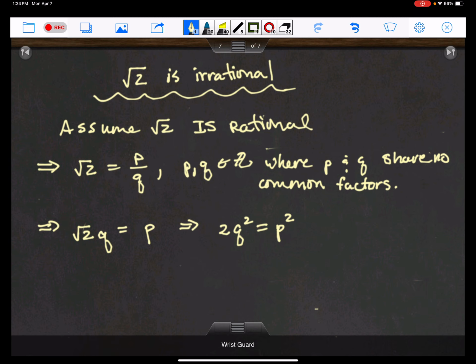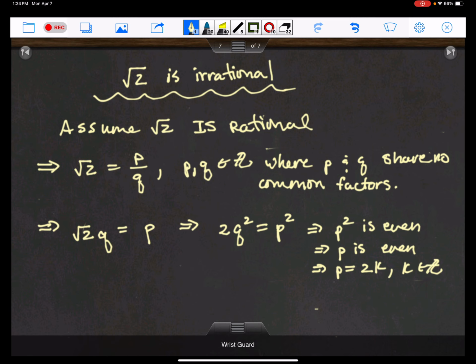Since q is an integer, q squared is an integer, so 2 times an integer is p squared. This means p squared is even. And what we showed earlier is this means p is even. And that means p is equal to 2k, where k is some integer. So back to this statement right here.